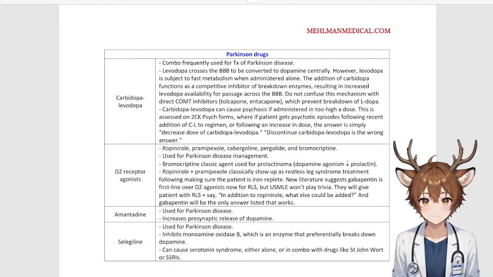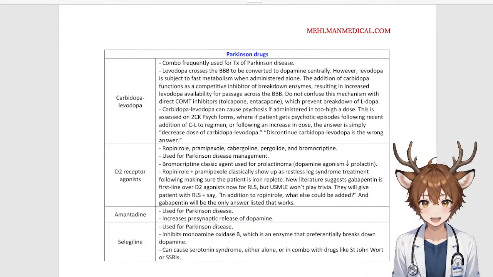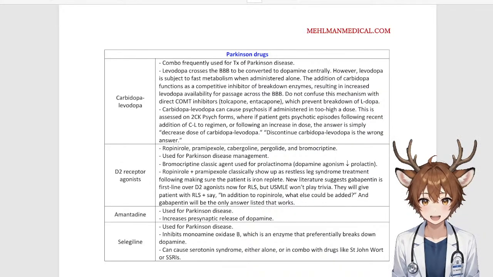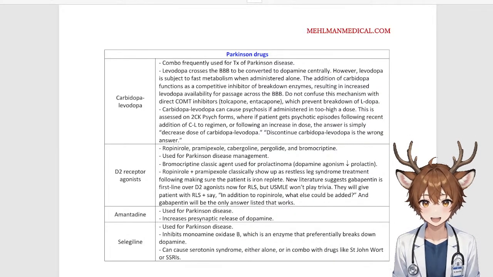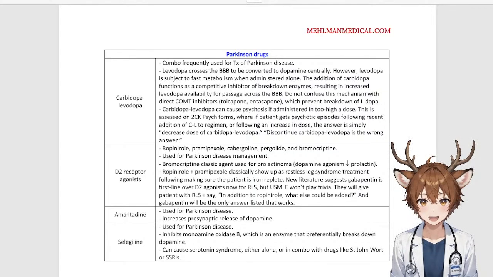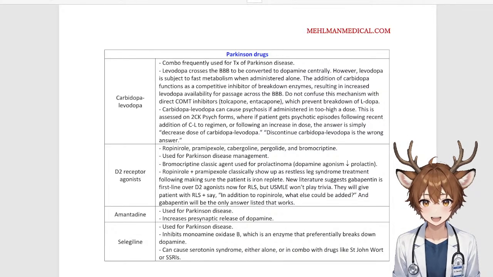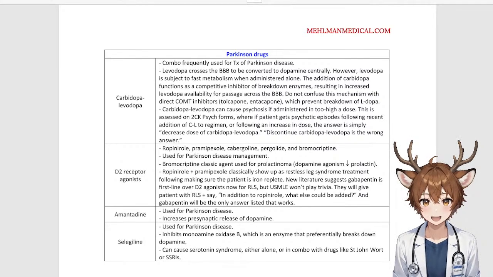Now, the point is that you don't want a lot of peripheral conversion if you're going to introduce levodopa, because we want the central dopamine, since you have Parkinson's disease. And you don't want a lot of the negative effects from dopamine in the peripheral system. So the way we minimize that is you prevent peripheral conversion. Bear in mind, levodopa can cross the BBB.